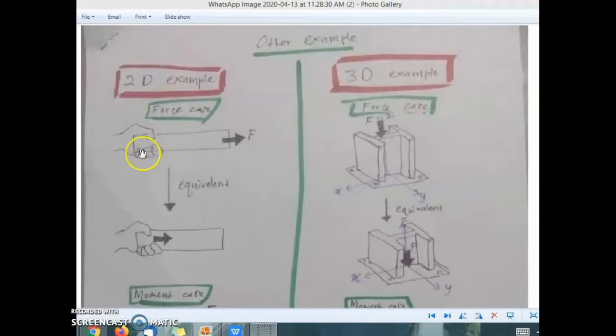If you hold a ruler like this, this ruler is your rigid body, and then a force is exerted in this region. Actually you will feel the effect of the force at your hand, right? So we can represent this model with the equivalent model like this. So the force actually also has the effect at this point.